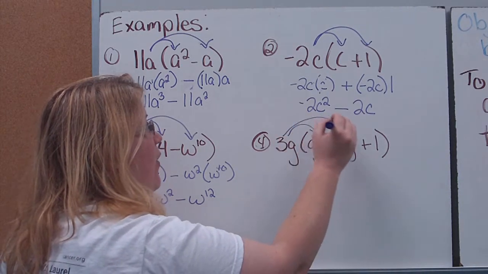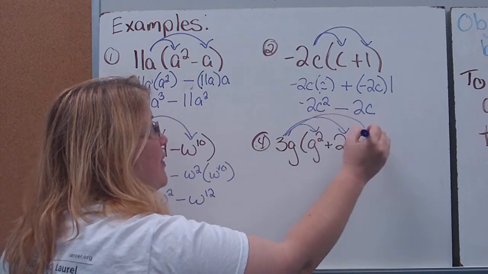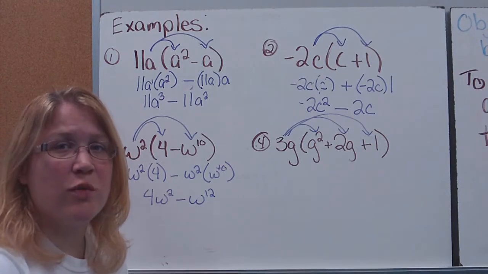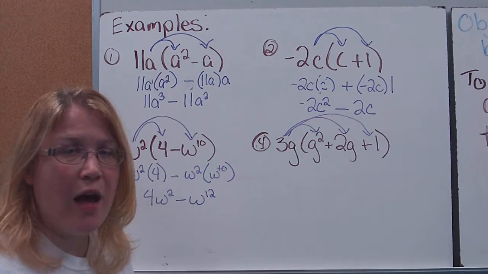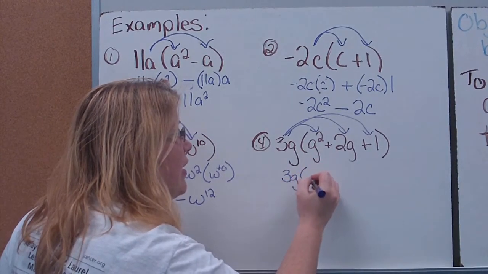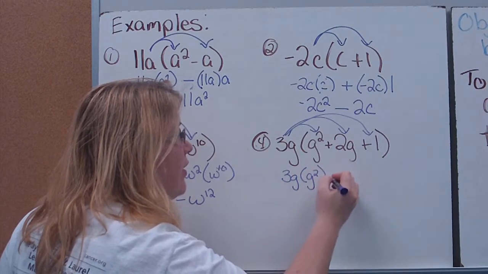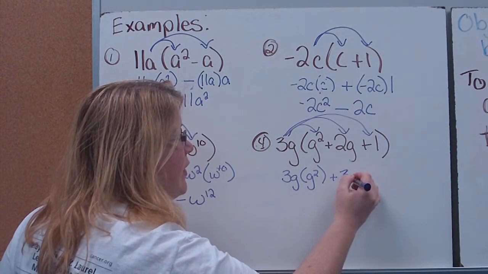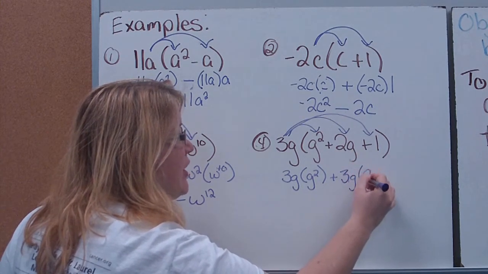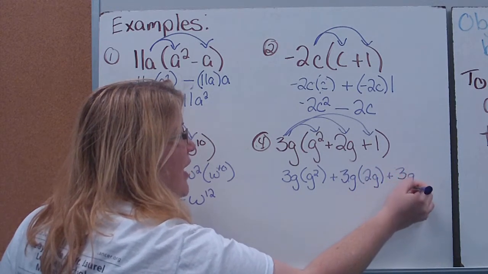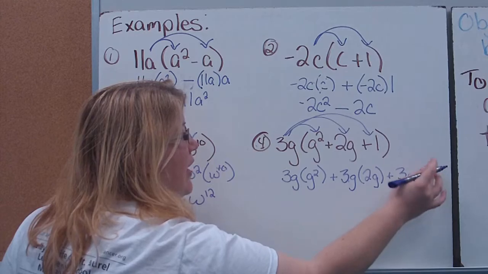Same thing here. Only difference is I now have 3 terms in here. I have a trinomial that I'm multiplying my monomial by. So I'm doing 3 separate multiplication problems. I'm taking 3g, multiplying it by g squared. I'm taking 3g again, and multiplying it by my 2g. And then I'm taking 3g one last time, multiplying it by 1.